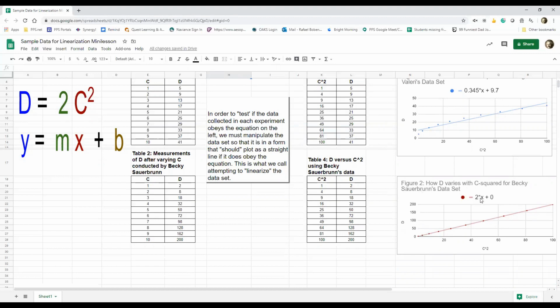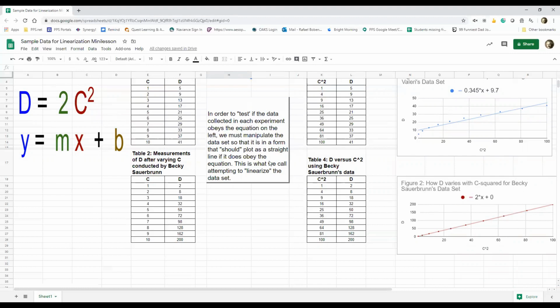The slope of the best fit line exactly matches the theoretical value. And so a logical conclusion, a well-supported conclusion for Becky Sauerbrunn would be that her data set strongly supports this theoretical equation, because the attempt to linearize yields these results.